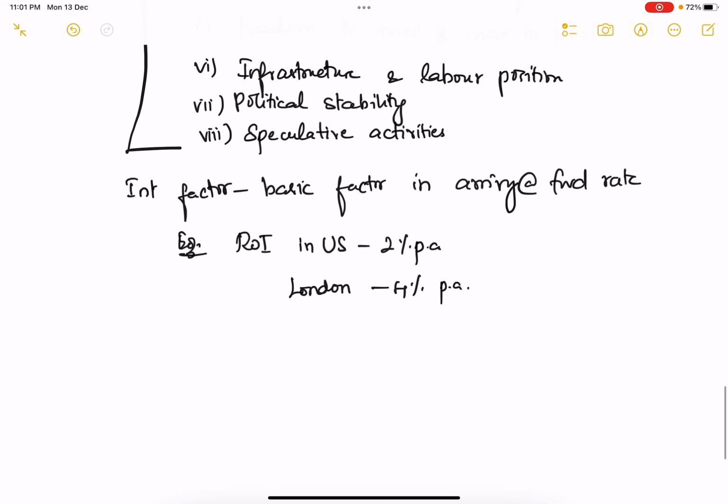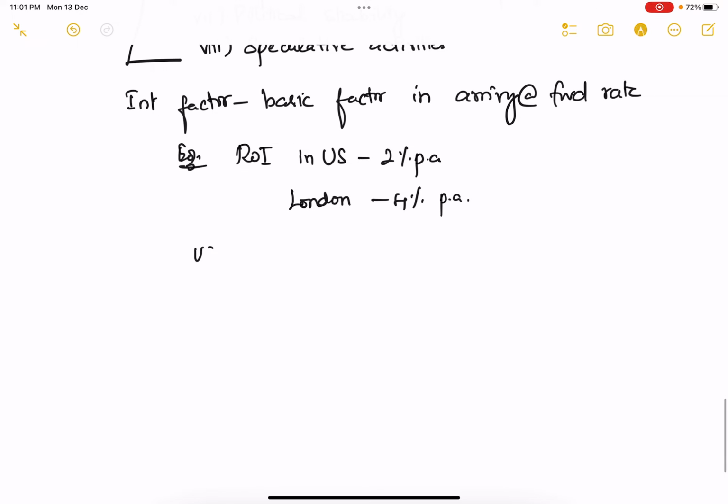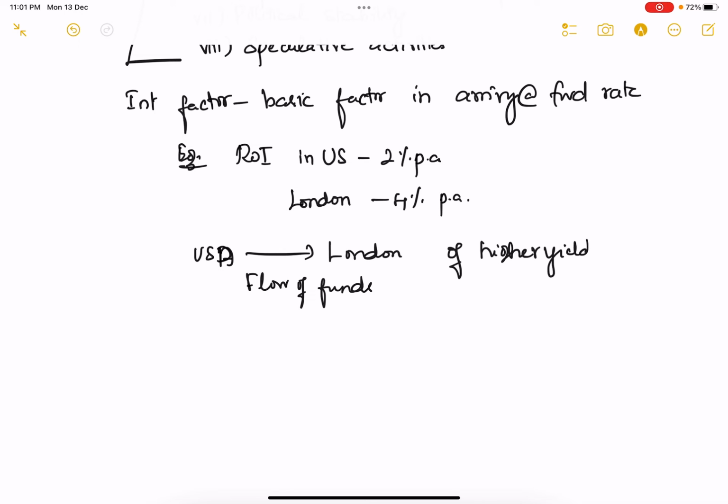So there will be a flow of funds from USA to London to take advantage of higher yields shown by the UK bills.